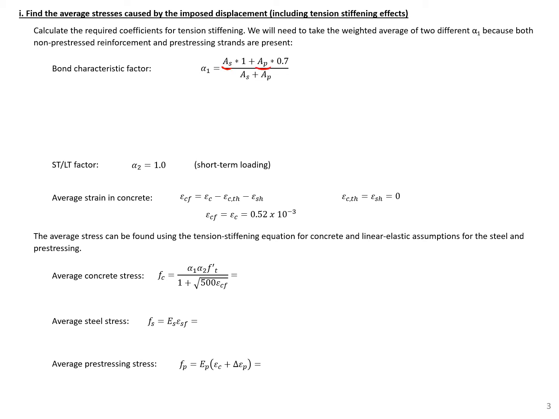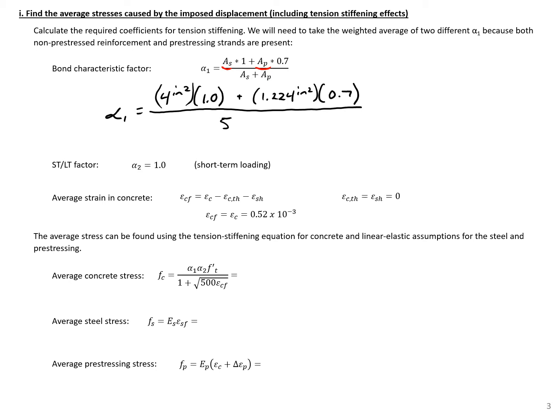So our alpha 1 factor is going to be equal to the area of our non-pre-stressed steel, 4 square inches, times 1.0, which is the alpha 1 factor for our regular deformed reinforcement, plus the area of our pre-stressed steel times the alpha 1 factor for our pre-stressed steel, and then we divide that by our total area of both our pre-stressed and non-pre-stressed steel, 5.224 square inches.